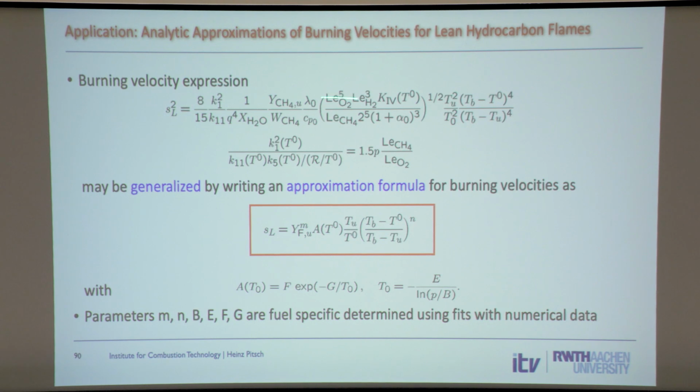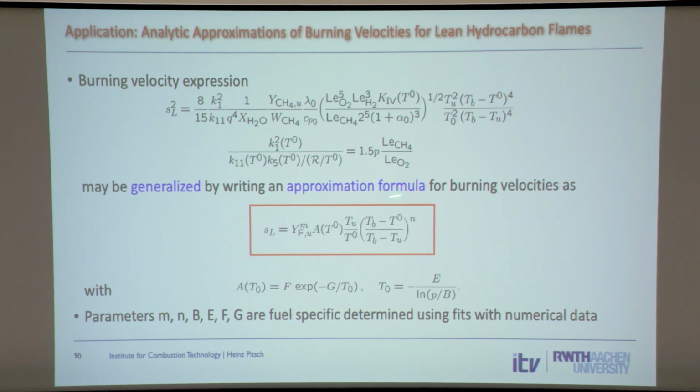So take this, but not exactly this, just take here the general dependence. You see you have TB minus T naught divided by TB minus TU here. This is to the 4th power, just put an N here, and then this looks similar, and this is actually 2nd power if I take the square root because there's SL squared here.